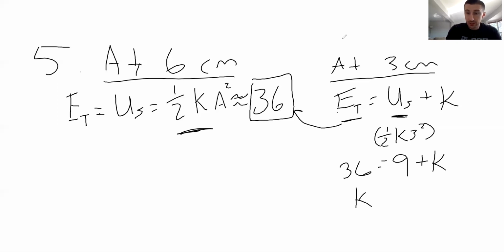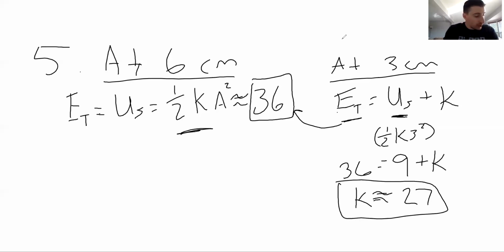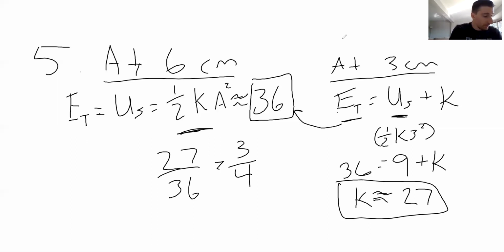So the kinetic energy has to equal approximately 27. If I look at the ratio, it wants the ratio of total mechanical energy to kinetic energy. So my ratio is going to be 27 over 36, which simplifies to 3/4, which is answer D.